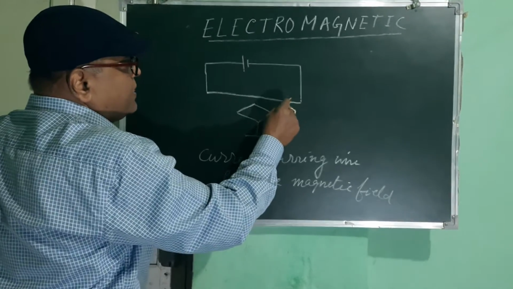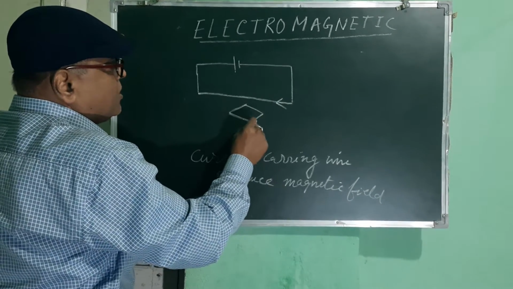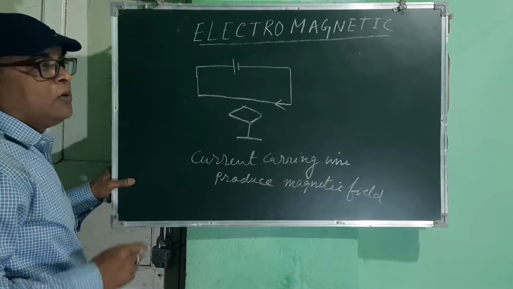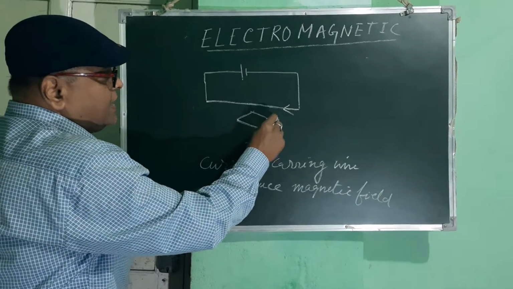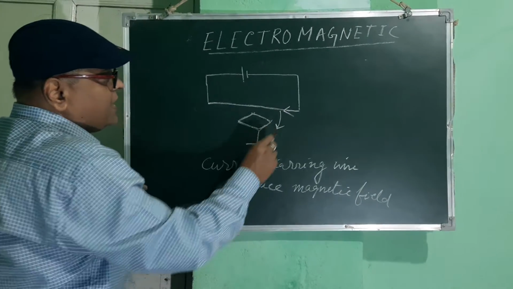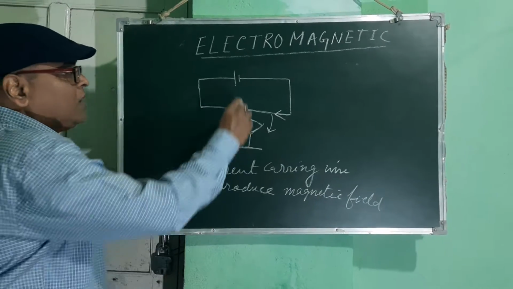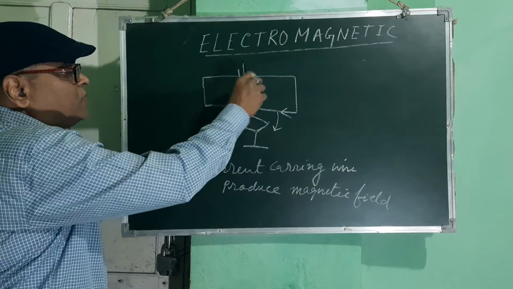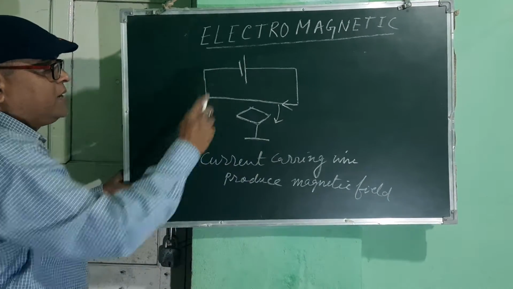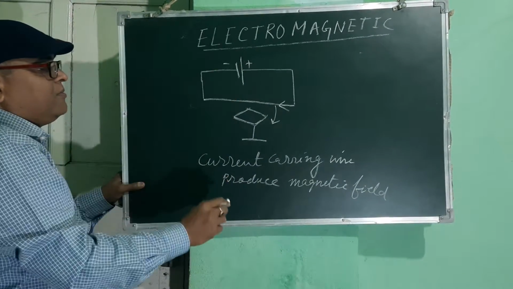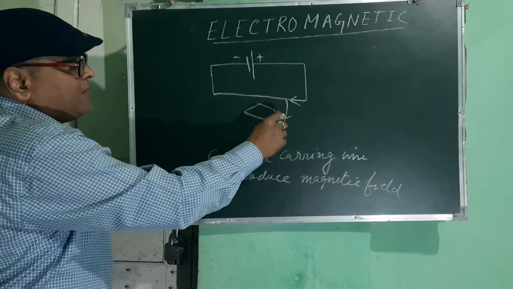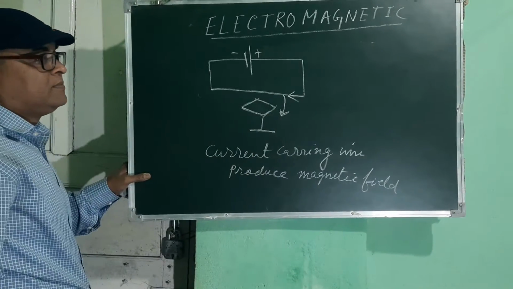Now when the current is passing, what will we see? We see that the magnetic needle starts to deflect in that direction. If a positive current is passing from the positive to the negative terminal, the magnetic needle starts to deflect.